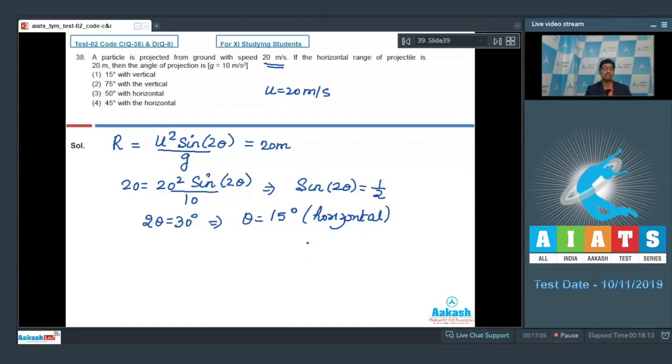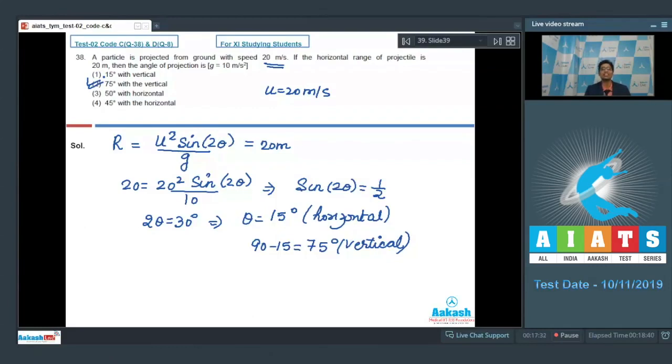With respect to vertical, the angle can be said to be equal to 90 minus 15, which will be 75 degrees. This angle will be with the vertical. So, dear students, the angle of projection is 75 degree with the vertical or 15 degree with the horizontal. So, the correct answer for this particular question is option number 2, which says 75 degrees with the vertical.